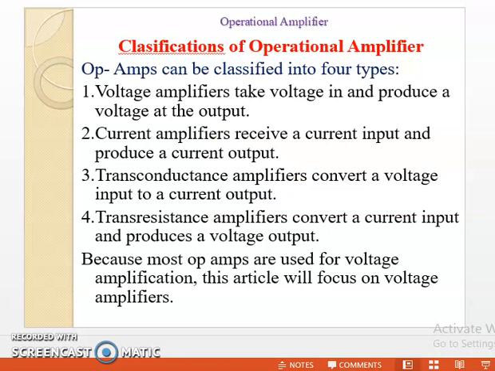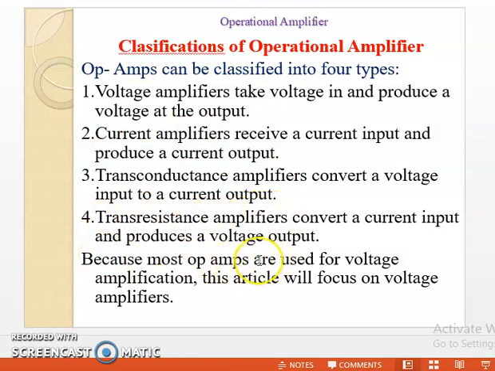Now, how are operational amplifiers classified? Classification of operational amplifier. Op-amps can be classified into four categories: voltage amplifiers, current amplifiers, transconductance amplifiers, and transresistance amplifiers.